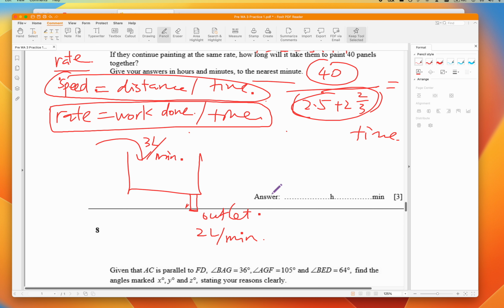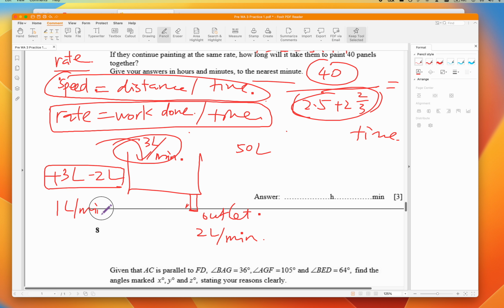So in order to fill up 50 liter, they ask you what's the time. So in is plus, out is minus, so therefore the combined rate is actually 1 liter per minute. So in order to get 50, you need 50 minutes. Does it make sense to you now? So you make use of the formula here.